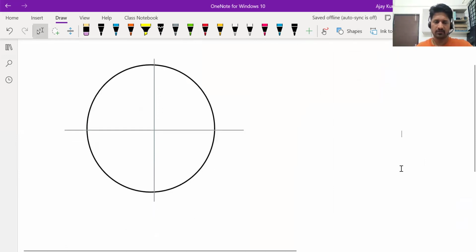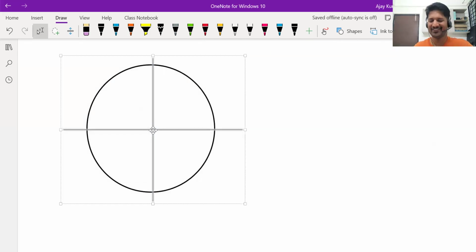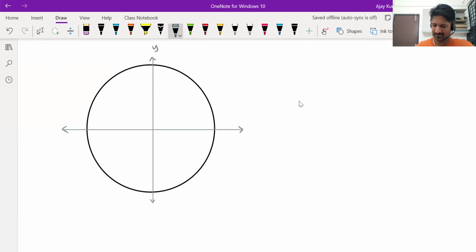When do you say it is moving uniformly? What should be constant for it? Good. Speed should be constant. Correct. So we now know that V is equal to r omega, where V is speed and omega is the angular speed.